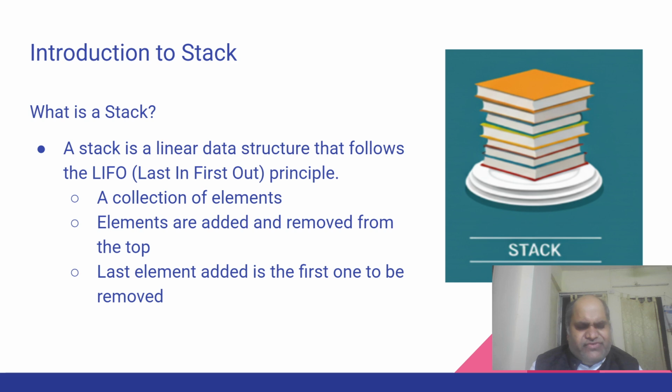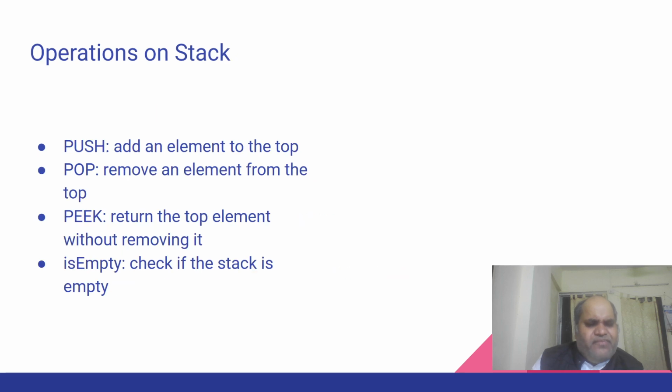Around these two, addition and removal, there are corresponding operations known by the names push and pop. Push is the operation where you add an element to the top. Pop is about removing that element from the top. And there are two utility routines. Peek is where you can look at the element at the top, more like which book is at the top.